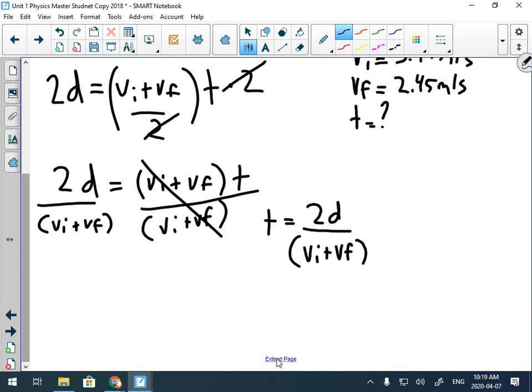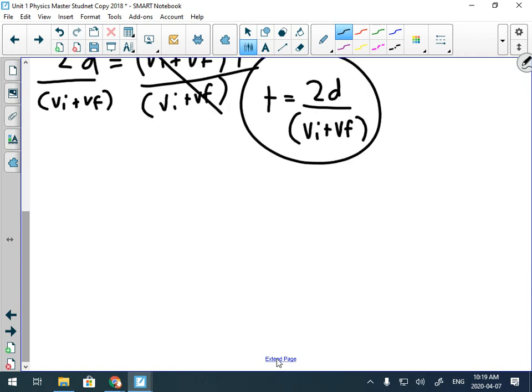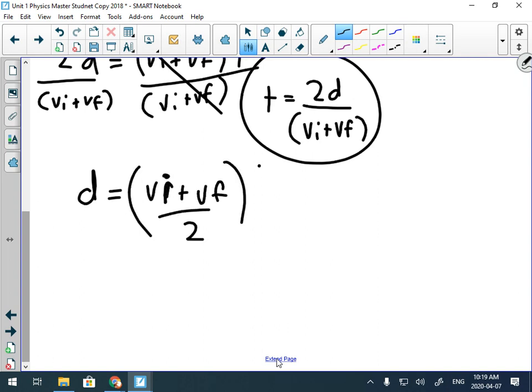Basically, that's our formula, and then we can just plug our stuff in there. One more time, if I rewrite that formula, it's vi plus vf over 2 times time.